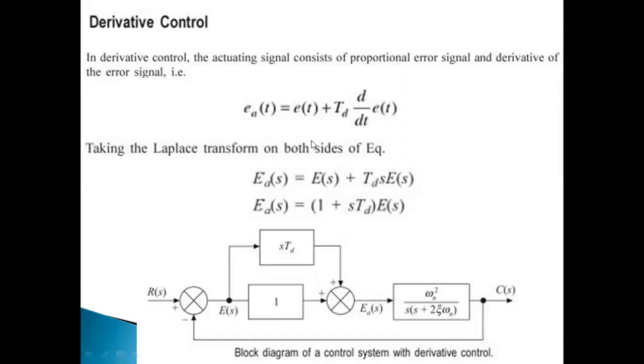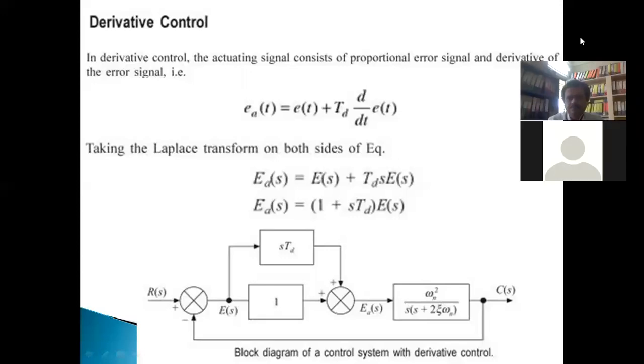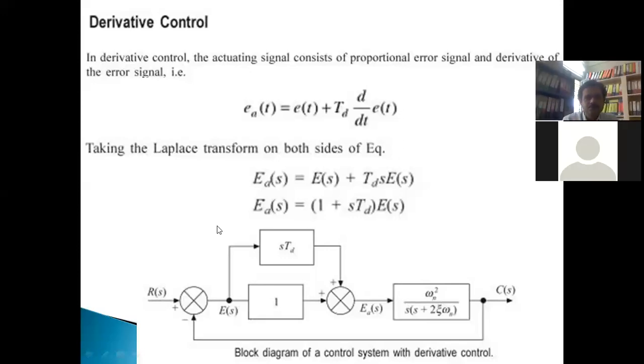Now a proportional derivative controller. The derivative controller means the actuating control signal consists of a proportional error signal and a derivative error signal, so both error signals. Please note down this figure. So this is about the derivative control.